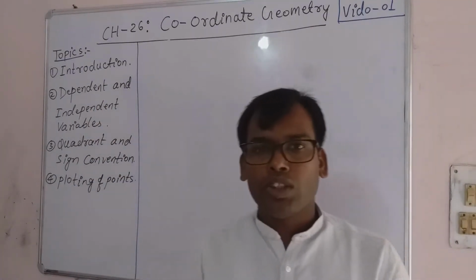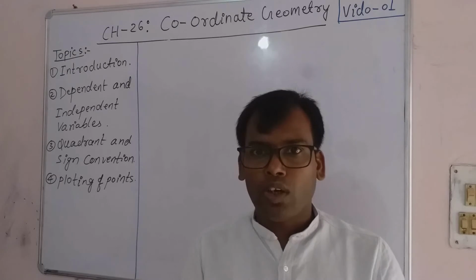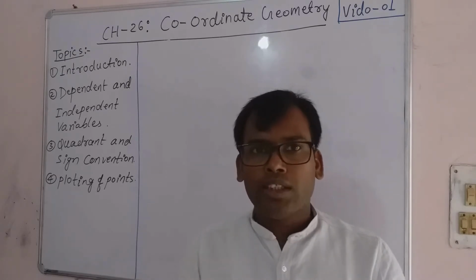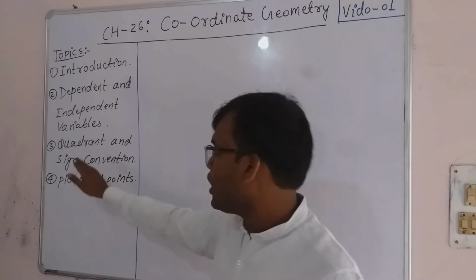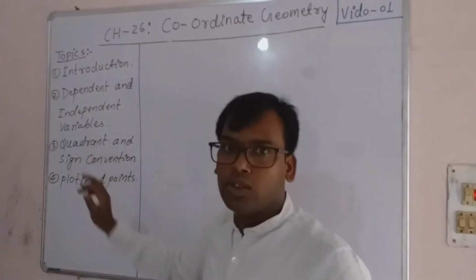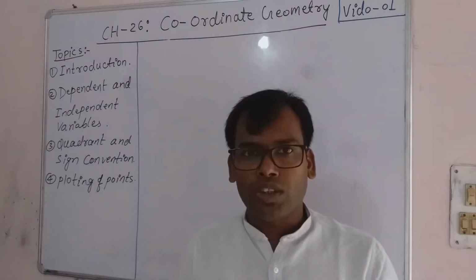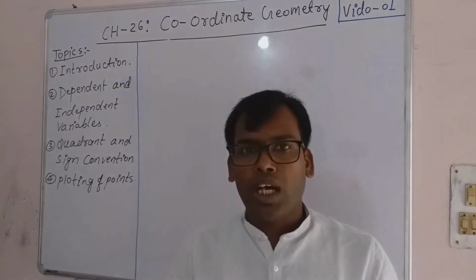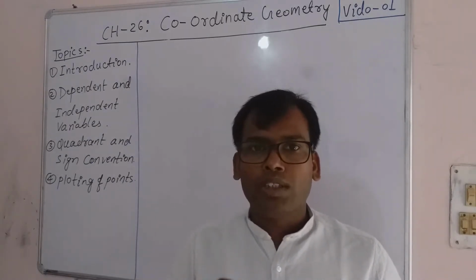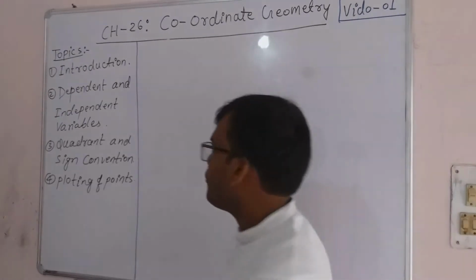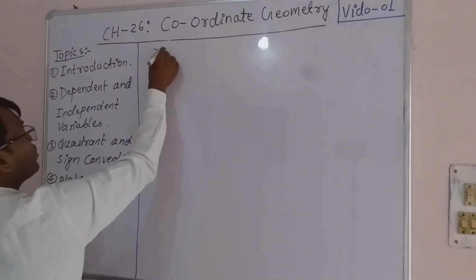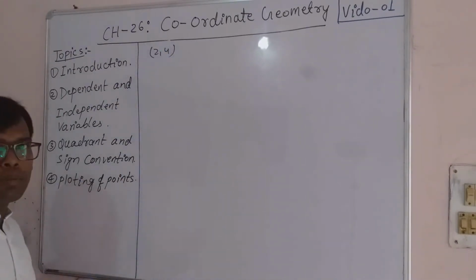The introduction totally depends on the axes of coordinate geometry. I will start from the quadrant, and there I will explain. In the introduction, two numbers are written as an ordered pair. What is the meaning of ordered pair? If you write the element 2, 4, this is called an ordered pair.